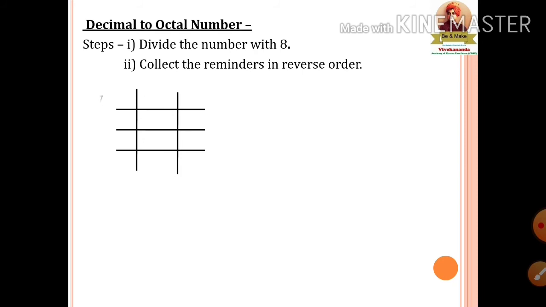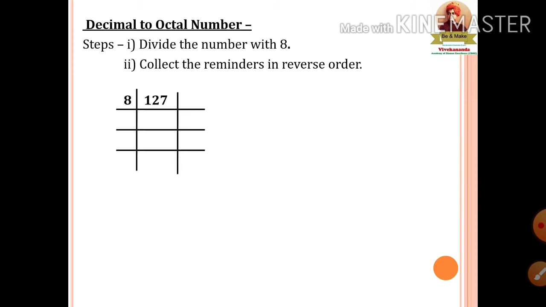Let us consider the example of number 127. This number is in the decimal number system, and we are going to convert it into the octal number system. So we are going to divide this number by 8, as the base of the octal number system is 8 itself.